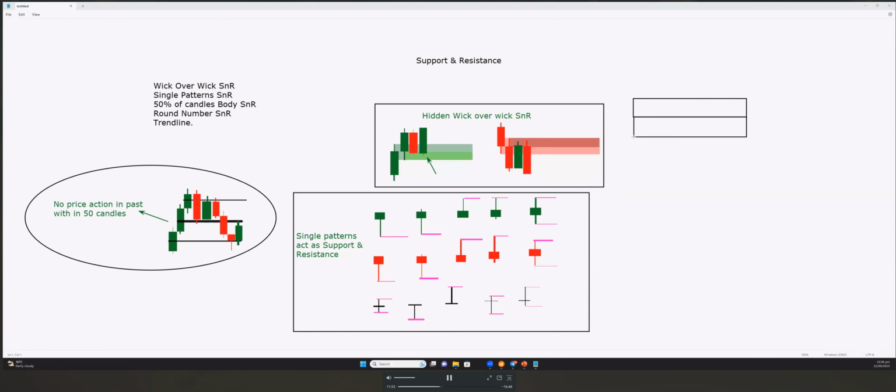Sorry, sir. Yes, ask. When I use the 50% of the candle's body as SNR, sometimes when we find a trend, right? So in this trend, how do we know these candlesticks have a support and resistance?